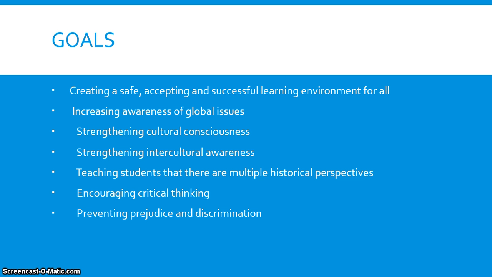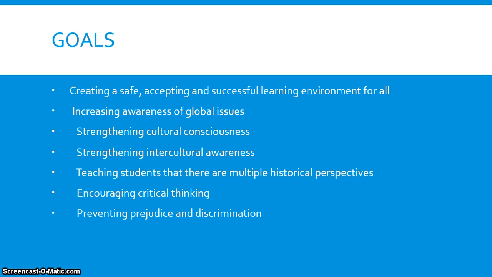So quickly, we want to state what the goals of multiculturalism in the classroom are specifically. So as we have students, we want to make sure that we are creating a safe and accepting learning environment so that everyone is able to be successful in their learning and that no one is stopping them by making them feel afraid.